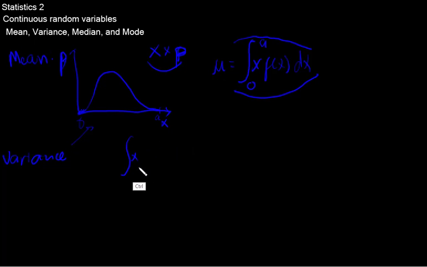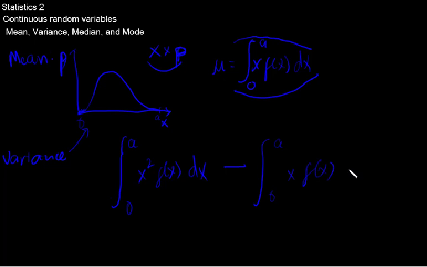Let me just delete this. So we need to get the mean of the x squared, which goes something like this: the integral from 0 to a of x squared f of x dx. This is the sum of all x squared. And from the formula we have known, we need to minus this with the mean and square it.